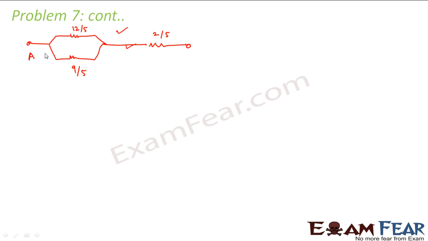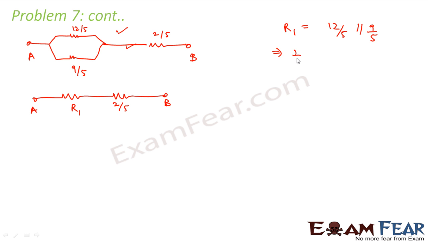So this parallel combination you can replace with its equivalent resistance R1, where R1 is the parallel combination of 12 by 5 and 9 by 5. So 1 by R1 is equal to 5 by 12 plus 5 by 9. This comes out to be 35 by 36. Therefore, the value of R1 comes to be 36 by 35 ohms.